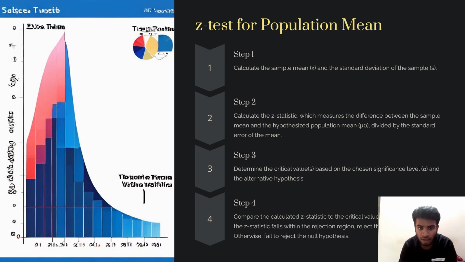Step 3. Determine the critical values based on the chosen significance level alpha and the alternative hypothesis. Step 4. Compare the calculated Z statistic to the critical values to make a decision. If the Z statistic falls within the rejection region, reject the null hypothesis, otherwise fail to reject the null hypothesis.